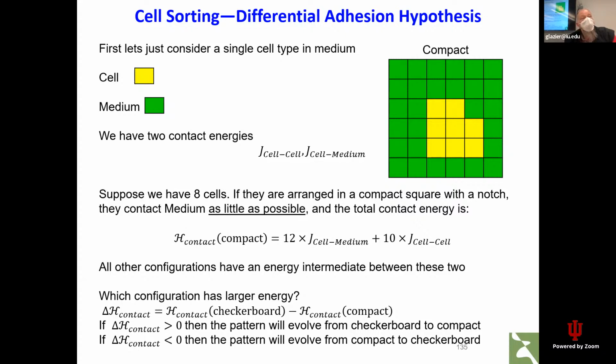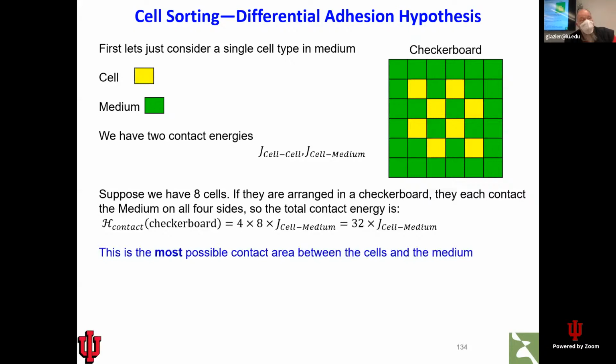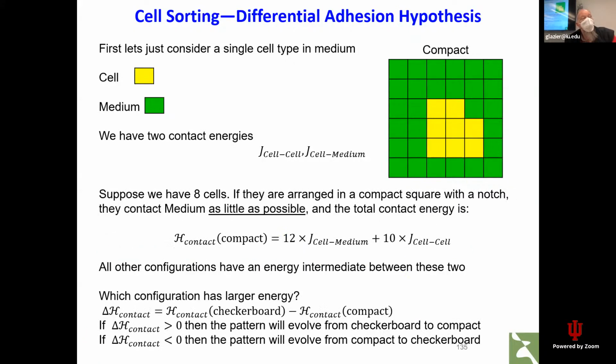but now I can count, start from the notch, 1, 2, 3, 4, 5, 6, 7, 8, 9, 10, 11, 12 units of cell medium contact. And the internal ones are a little harder to count, but they're 10 internal boundaries. And so I've gone from 32 J cell medium to 12 J cell medium and 10 J cell cell.